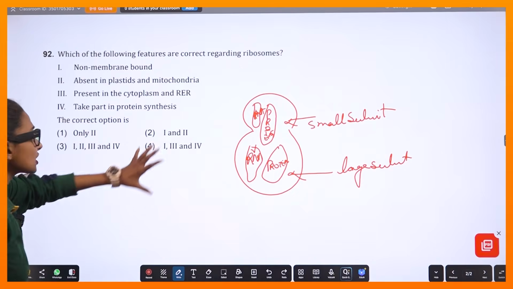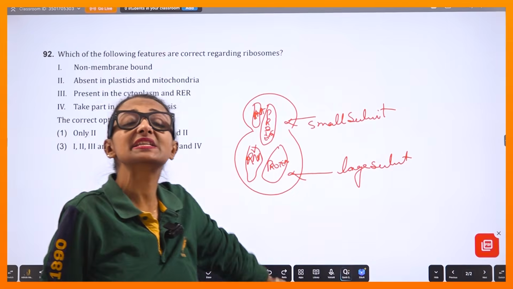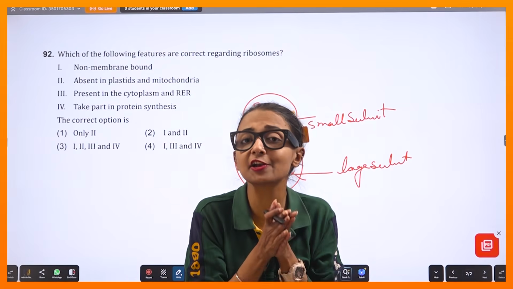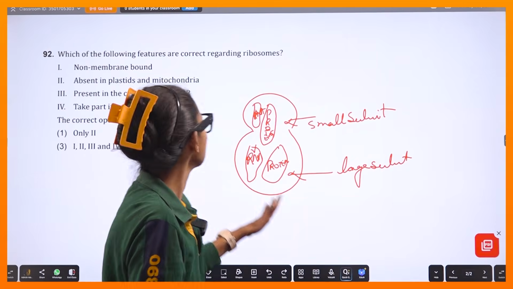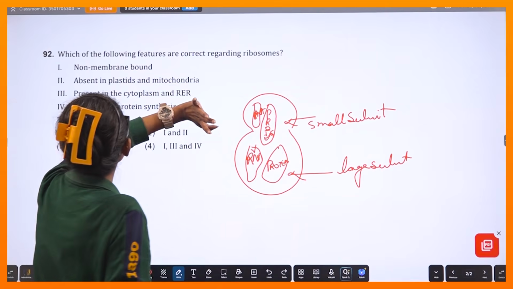So each ribosome is made up of ribosomal RNA and proteins, is what we know. Now let's see which are correct regarding ribosomes.